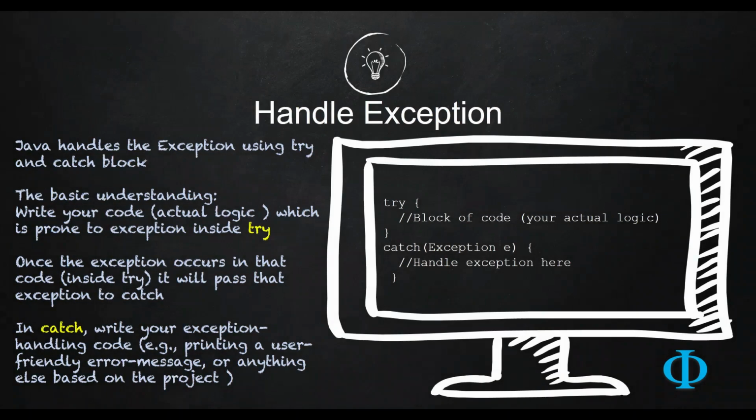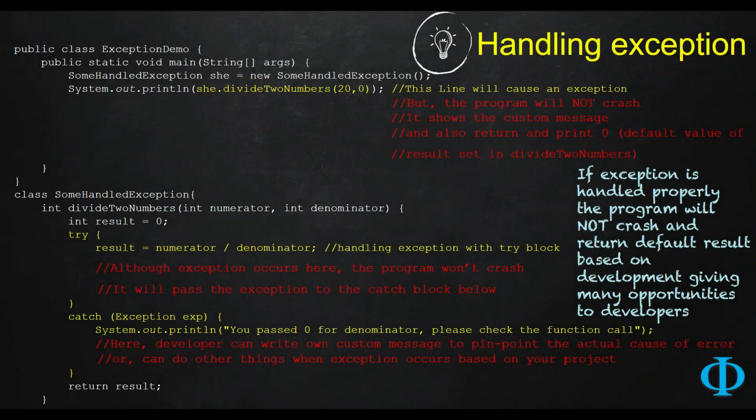But now if you handle it properly with a try catch, your program flow will be different. So what will happen? Let us see this example. Here I have created a class called some handle exception, and inside that class I have written this divide by two numbers, and just like before, it is taking the numerator and denominator as parameters.